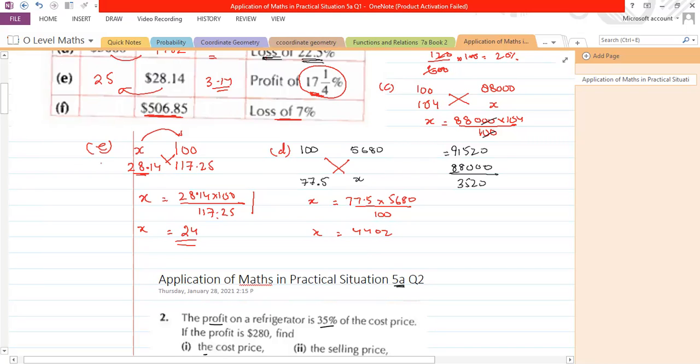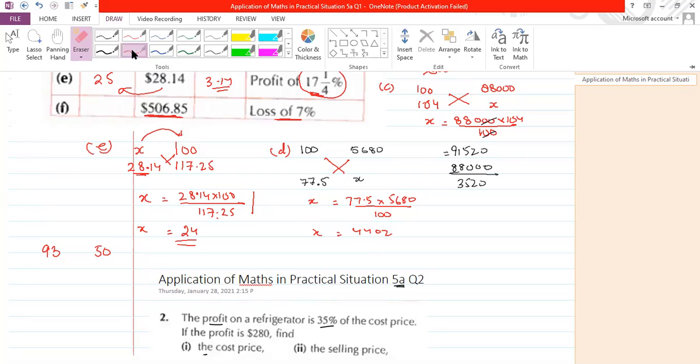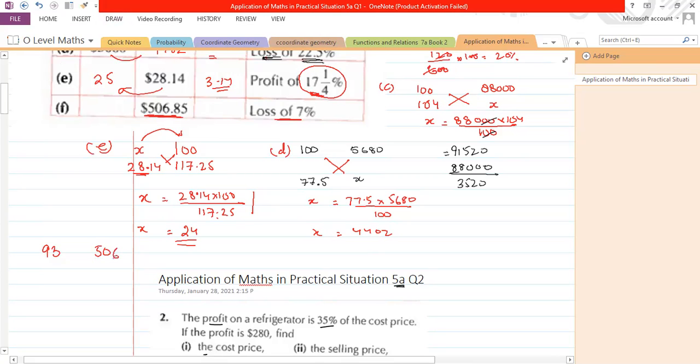It is saying that 93% is 506.85, when it is a loss. I just don't round it up, it will create a problem. So how much would be 100%? You just calculate it, cross multiply, you'll get the answer. Hope it's easy. Stop here, and then we move ahead.